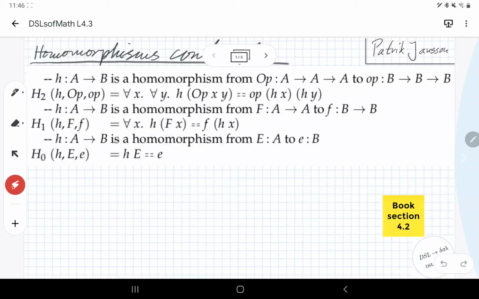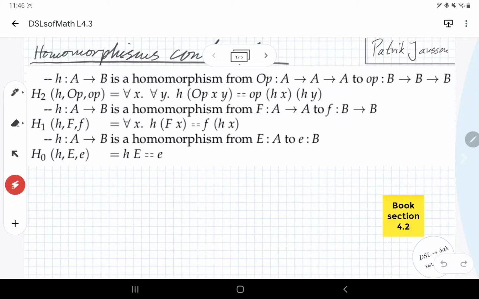So the first, h2, says that little h, which is a function from A to B, is a homomorphism from a capital operator to a lowercase operator if, for all x and y, applying h on the capital operator gives the same result as applying h to the two components and then combining them with the lowercase operator.